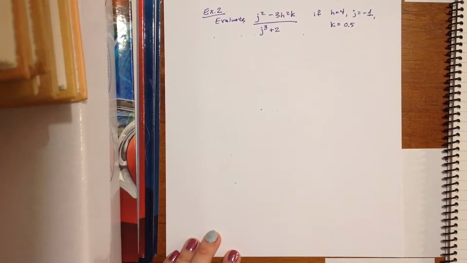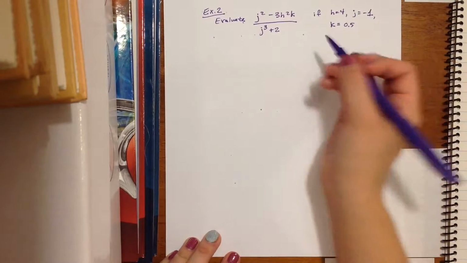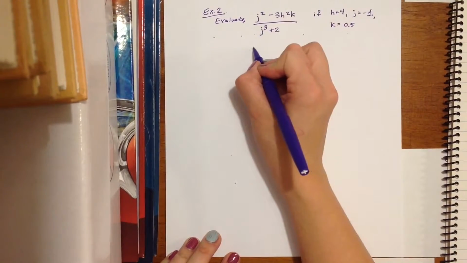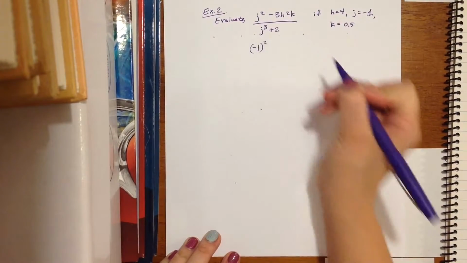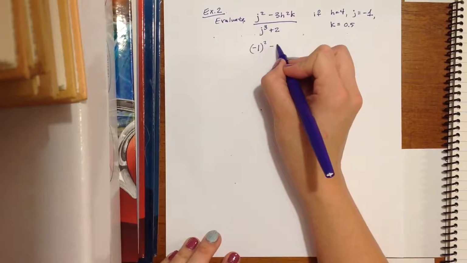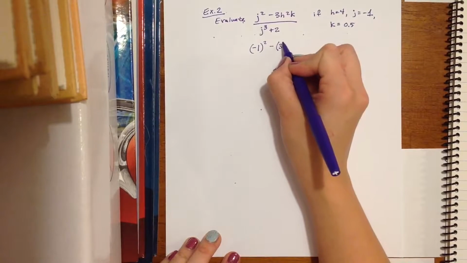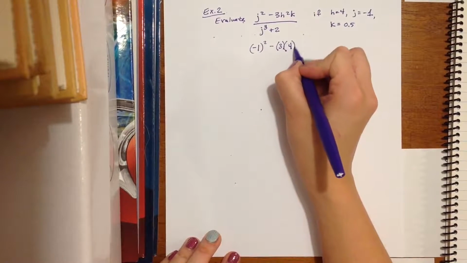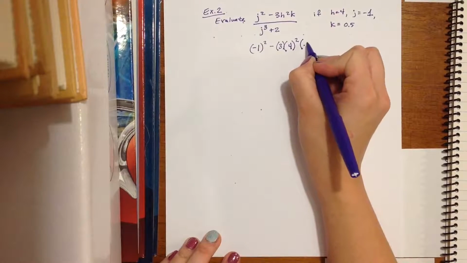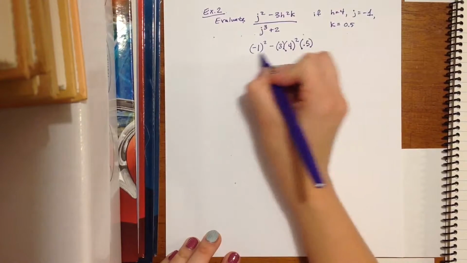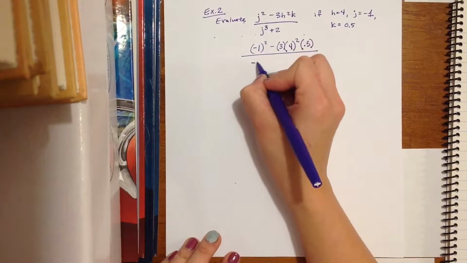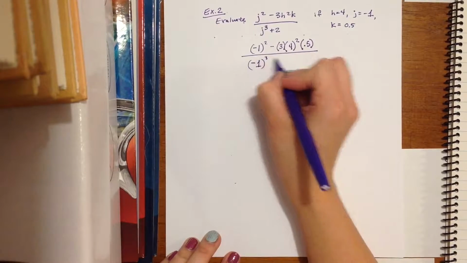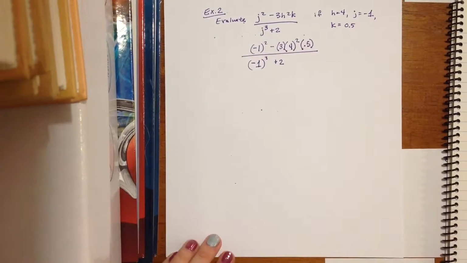Alrighty, so here we are. We're going to plug them in. So I have -1 in parentheses squared, so the negative is attached, minus, and I'm going to put all of these guys in parentheses, 3 multiplied by h squared multiplied by k, all over j in parentheses to the third power plus 2.